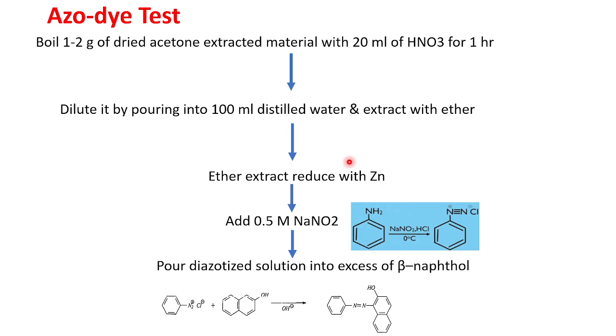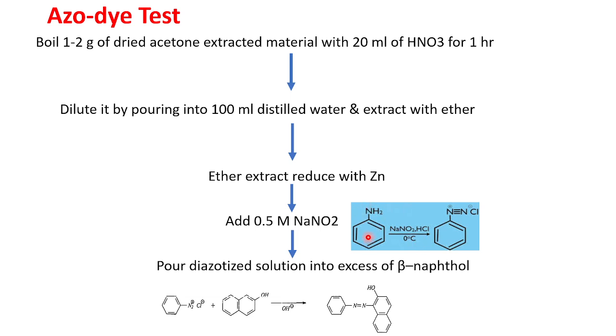After successfully doing that reduction, you should add 0.5 molar sodium nitrite, that is NaNO2. So this is basically the formation of the N2 plus, that is the diazo salt. It is called diazo salt, and that reaction is very much temperature sensitive, so it must be done at very low temperature, usually 0 to 5 degrees centigrade.